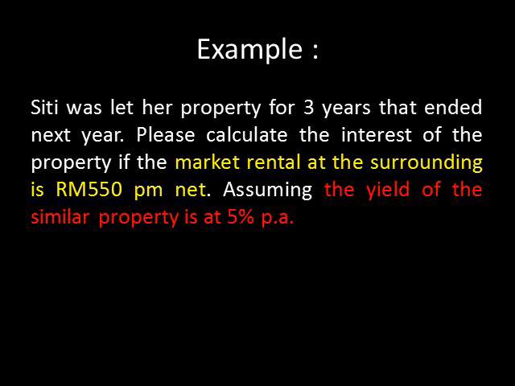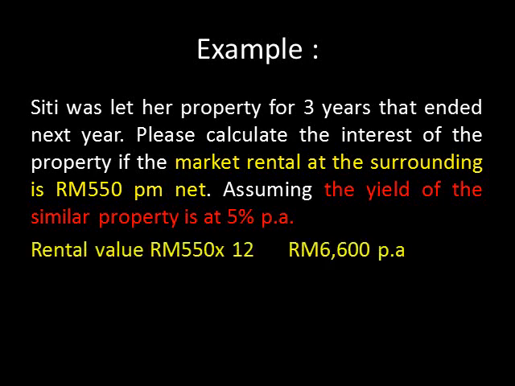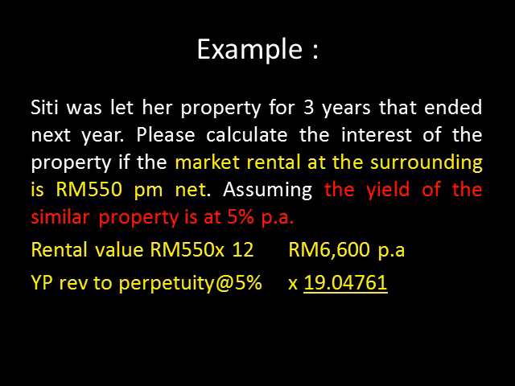Here the rental is 550 ringgit per month net. If it is per month, you need to multiply by 12 months to get the yearly income. So the income received, or rental value, is 550 ringgit times 12, which equals 6,600. Times the YP reversion to perpetuity at 5%.